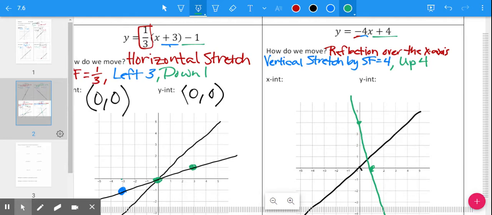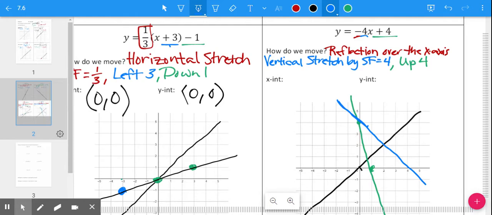So again, I moved it up 4, which would put us at this line. If all I did was move it up 4, it would be here. And then when you reflect it, it ends up there.